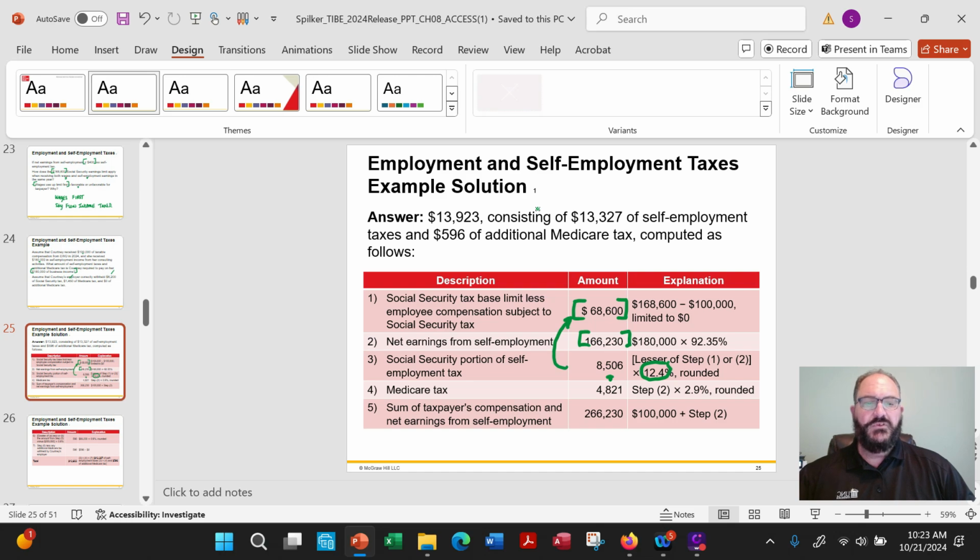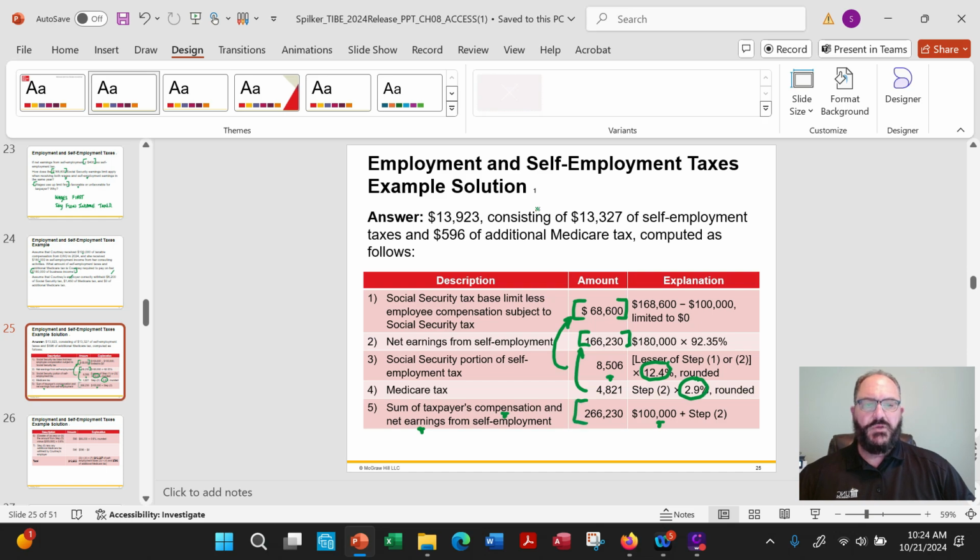Then the sum of the taxpayer's compensation and net earnings: we're taking their compensation, $100,000, plus whatever was in step 2.